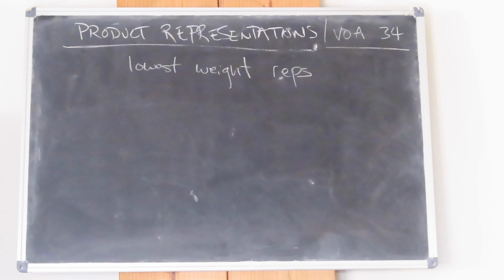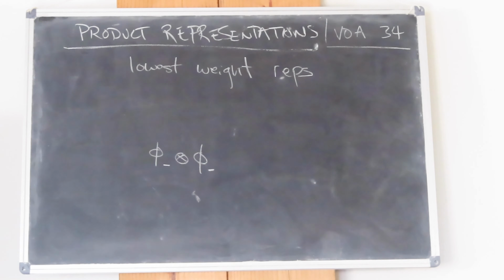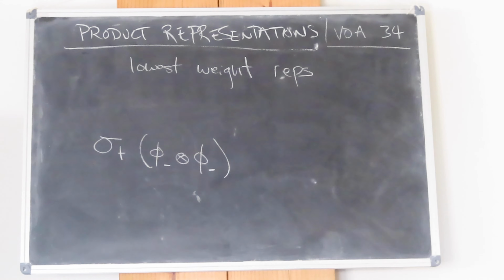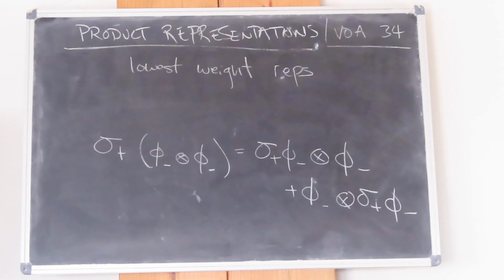So let's look at them as lowest weight representations using sigma plus. For the symmetric case, let's consider the down-down symmetric state, and let's act on it with sigma plus. In this context, sigma plus will act as a derivation with respect to the tensor product algebra structure.